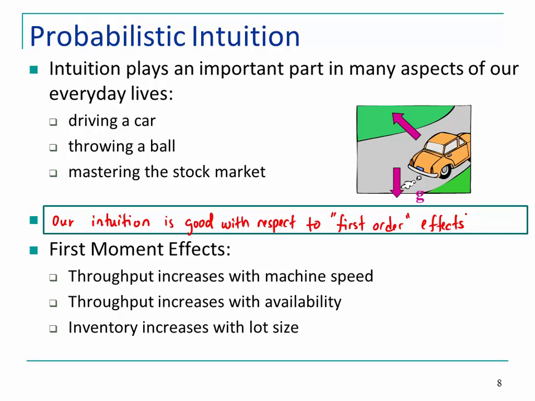And inventory increases with lot size. So if you're creating more units and you're putting them into a larger batch, then you know that your inventory will be higher. So those three examples are basically guided by what we call first order analysis or effect.